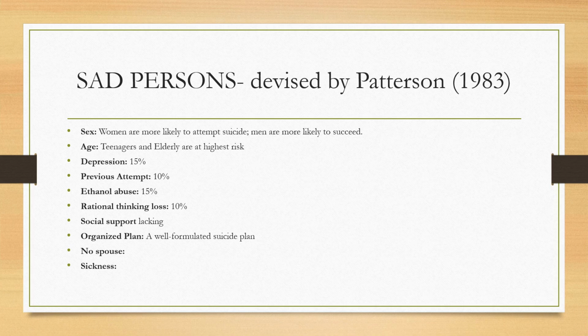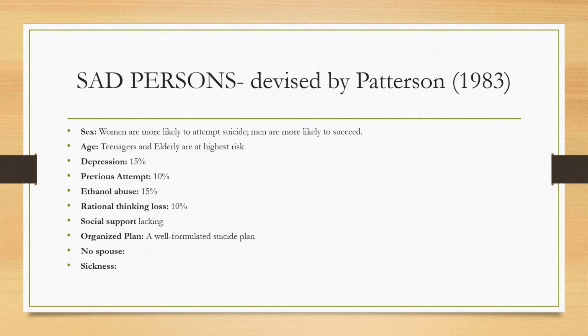Next is rational thinking loss. That is in case of a loss of reality, that is psychosis. Psychosis is a risk factor, and 10% of patients with chronic schizophrenia die by suicide. Then is social support, lack of social support. Then is organized plan. A well-formulated suicide plan is a red flag. If there's a good suicide plan, that is a red flag that the patient may commit suicide.